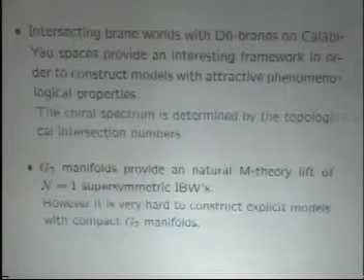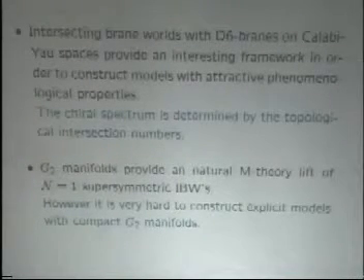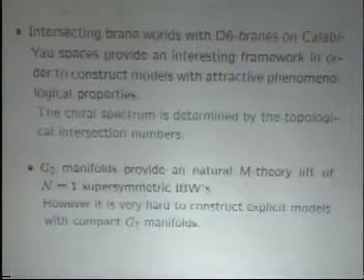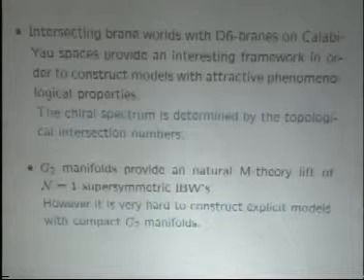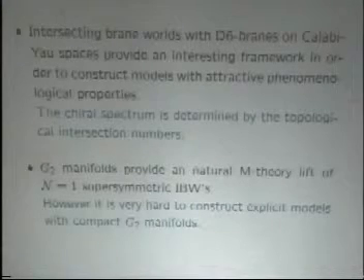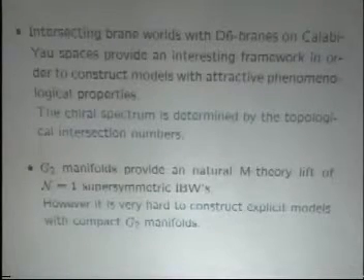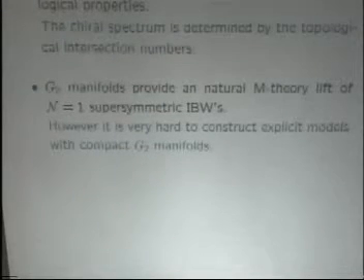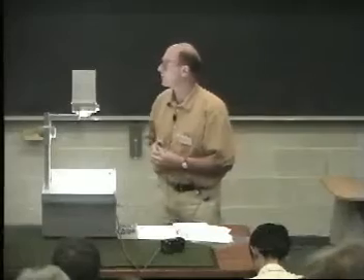The main point is that the chiral spectrum is determined by topological quantities, in particular topological intersection numbers. Of course, you can also discuss issues now of stability, of constructing superpotentials. This would connect nicely to the talk of Wafa. And finally, if they are supersymmetric, they provide an existence proof of G2 manifolds, but it is very hard to construct, I think, explicit models with compact G2 spaces.